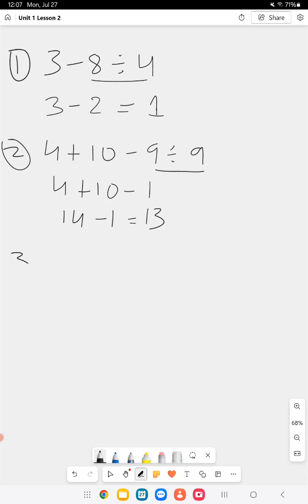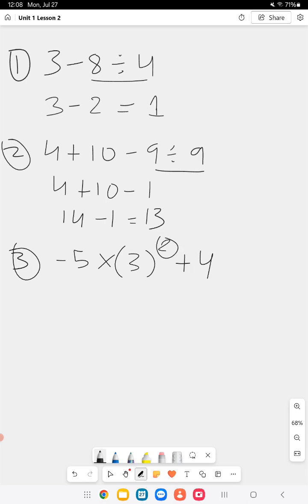For our next question, this one is even trickier. We got negative 5 times 3 to the second power plus 4. According to PEMDAS, the first thing we should be doing here is the exponent.